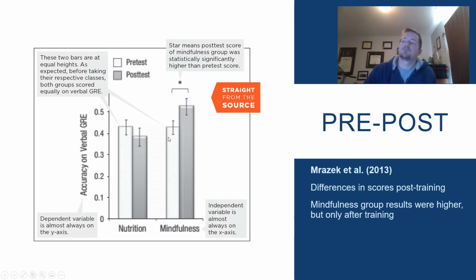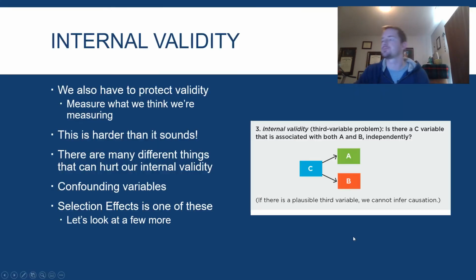But after the training, those with nutrition maybe went down a little bit, but mostly stayed the same. Those that were in the mindfulness group actually rose. They actually got better at it. And so having this pre-test, post-test, we can show that it's not just the fact that you're taking a class that's making a difference, but that you're taking a class in the specific subject, because they got better, but they also got better than the other group too.